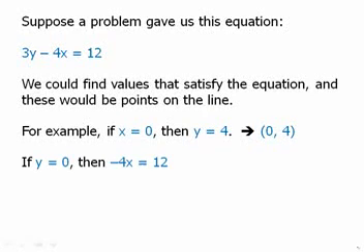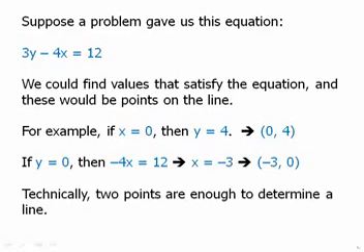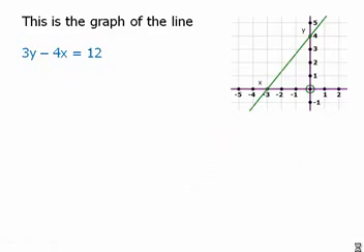If y equals 0, then we get 4x equals 12. We divide, we get x equals -3. So that must be another point on the line: x equals -3, y equals 0. So we have 2 points. Technically, 2 points are enough to determine a line. So if we plot those 2 points and just draw a straight line between them, we get a graph of the line.